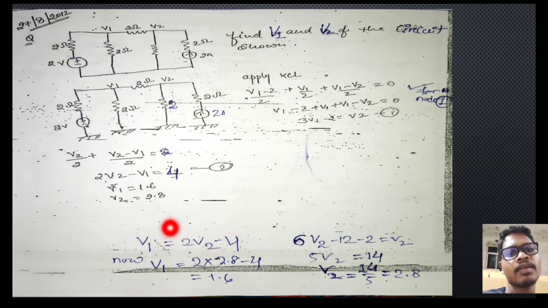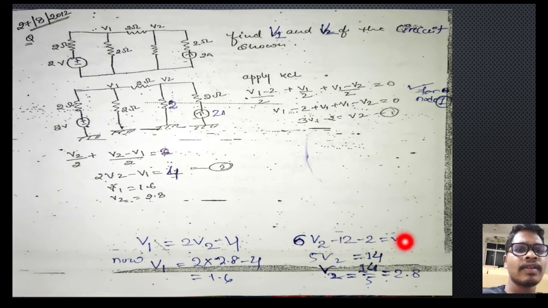After getting this equation, we need to apply the V1 value here. 3 into 2 is 6, so 6V2, 3 into 4 is 12, and minus 2 is here as it is. The right hand side V2 as it is.